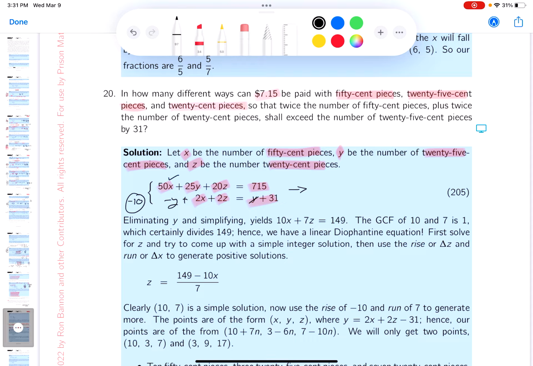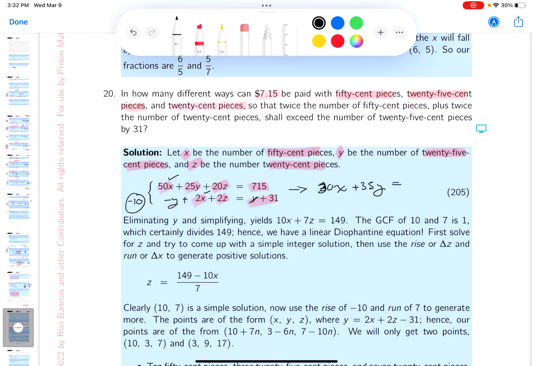So it's 50x minus 20x, which is 30x. I'm doing it different than the key, by the way. 25y plus 10y is 35y. Again, don't be discouraged if it doesn't work out the way you want it to work out. 20z minus 20z, no z's.